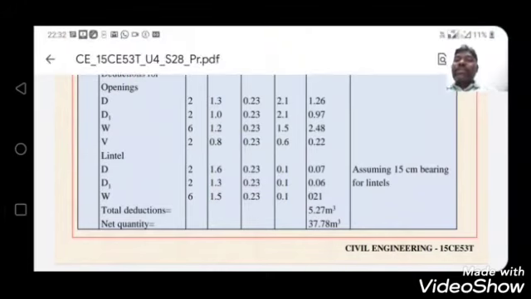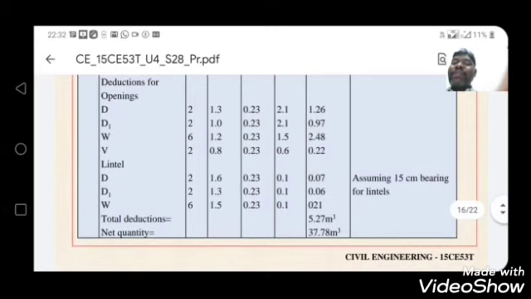Lintel deduction. Cut lintel assuming 15 centimeter bearing for lintel. D is equal to 2 into 1.6, where 1.3 is the width of the door plus 0.15 both either side bearings, 2 into 1.6 into 0.23 into 0.1. 0.1 is the thickness of lintel. D1 is equal to 2 into 1.3 into 0.23 into 0.1, 0.06.